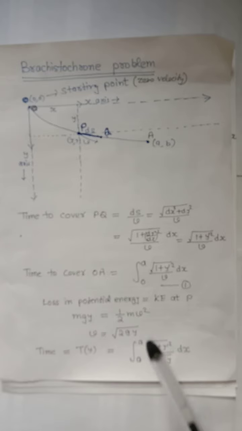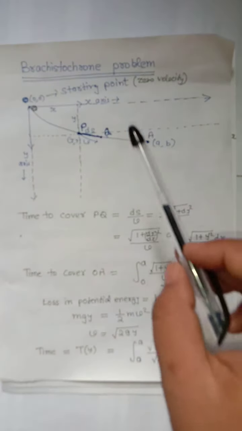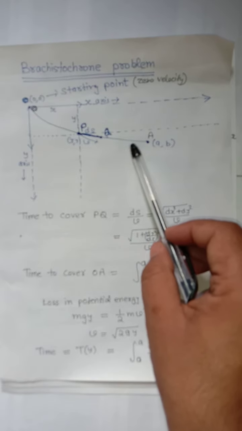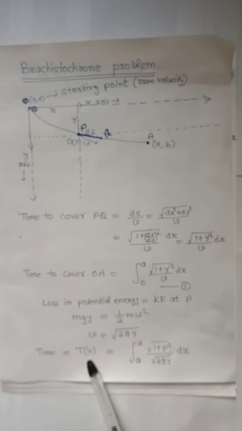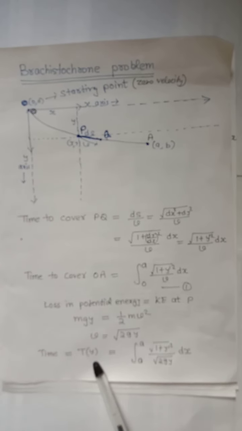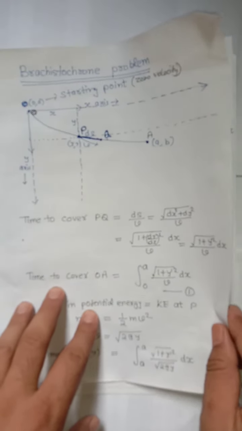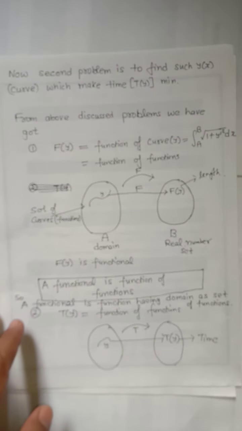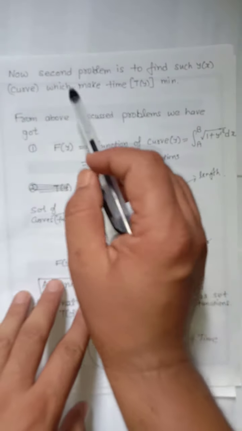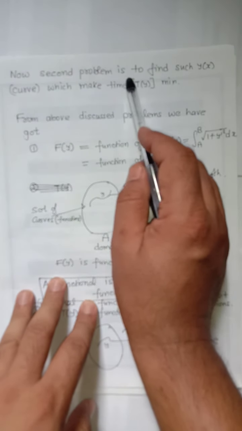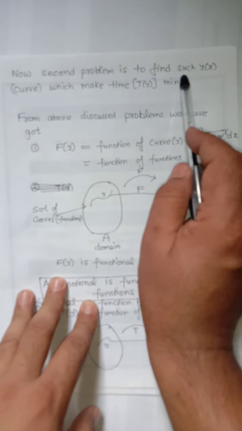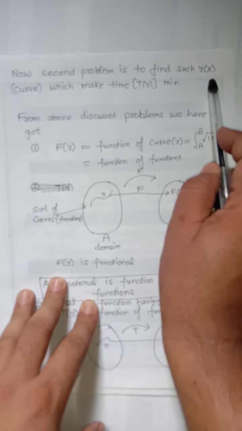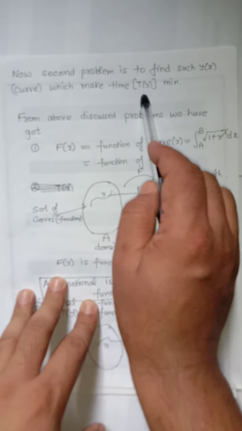Our basic problem is that I have to find that curve for which the value of T(y) will be minimum. This means time will be minimum, because it is representing time. So in the second problem, what we have to do is find such a y; this means I have to find such a curve joining OA which makes time T(y) minimum.